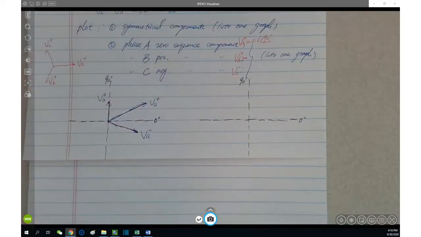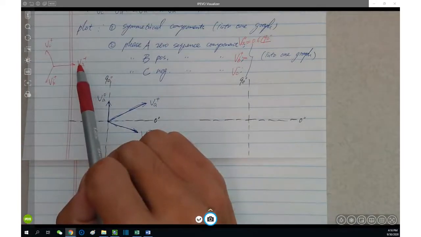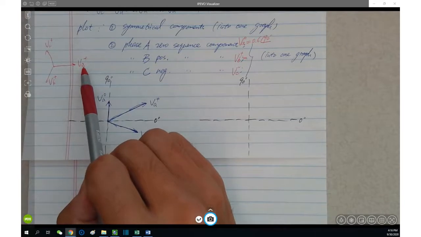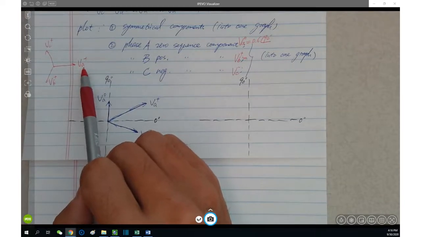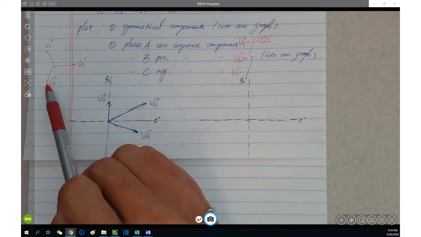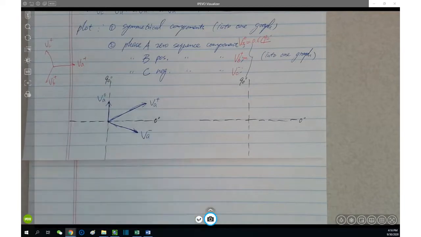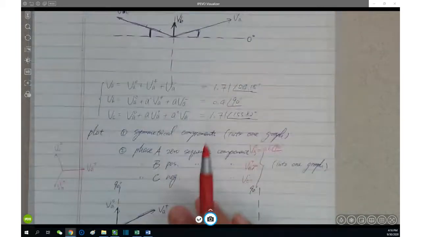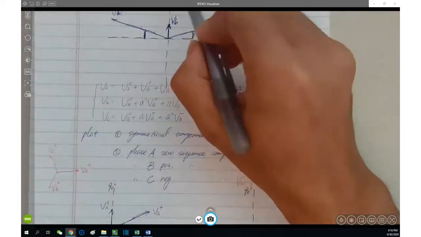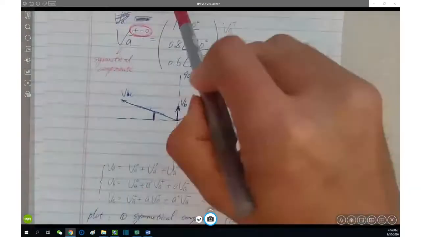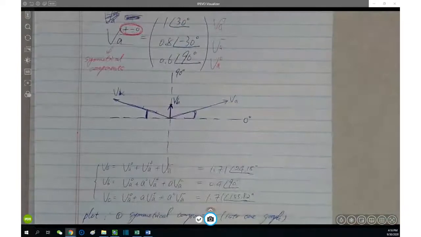So what happened actually? If you know VA plus, which is part of the symmetrical components given, you keep the same magnitude and reduce the phase angle by 120 degree. You are reaching the VB plus. Does this make sense? So VA plus is 1 at 30 degree, right? So VB plus has a magnitude of 1 as well.